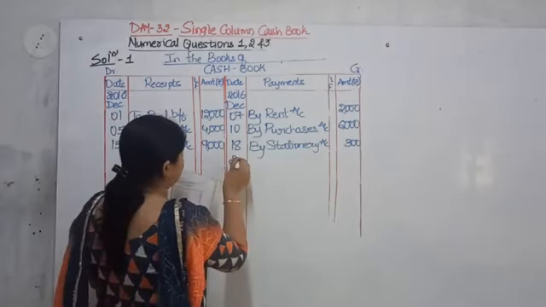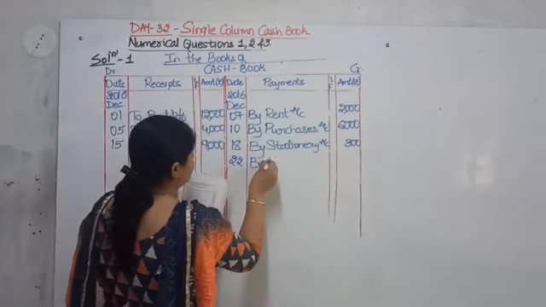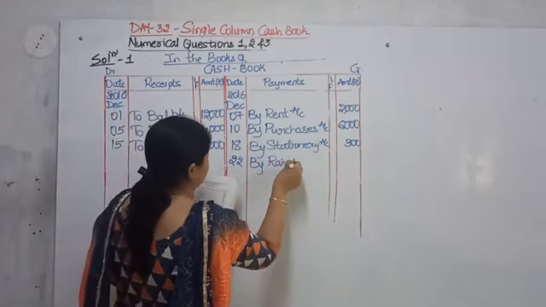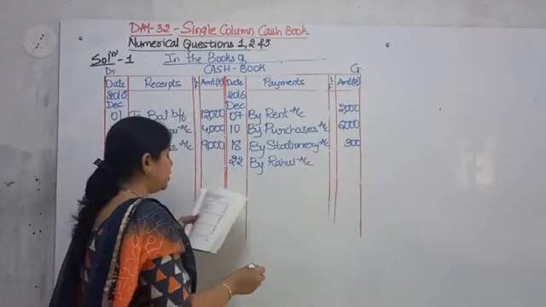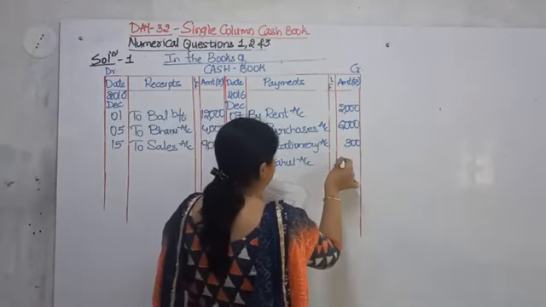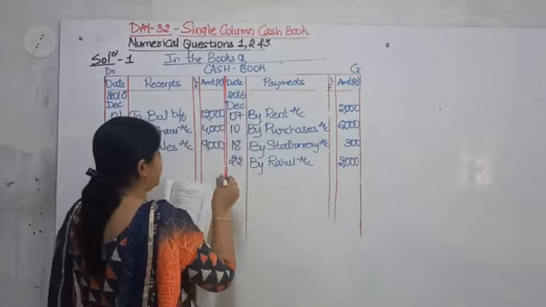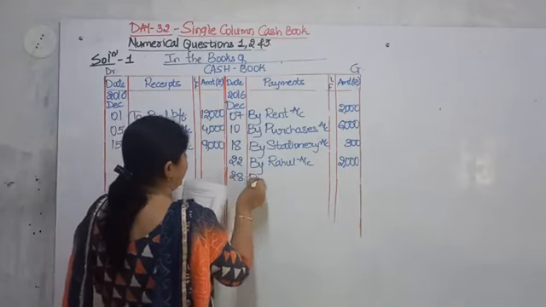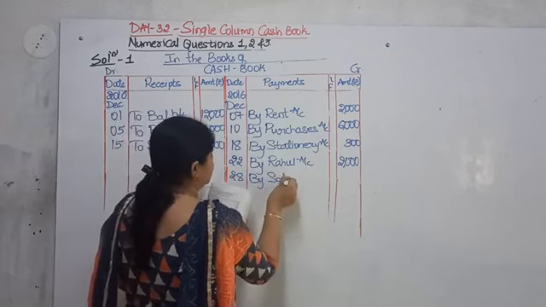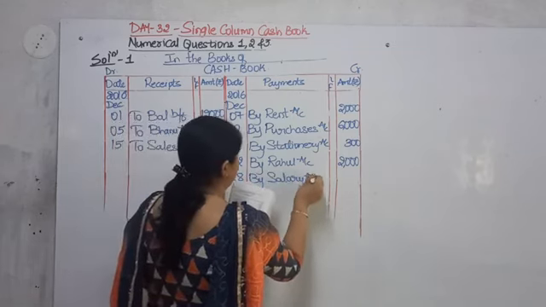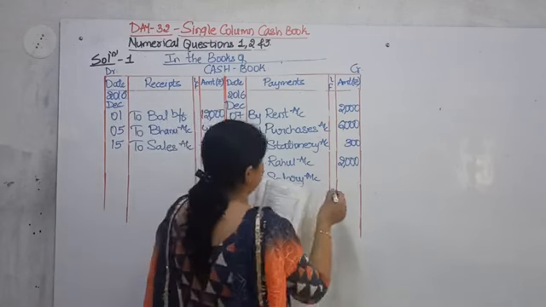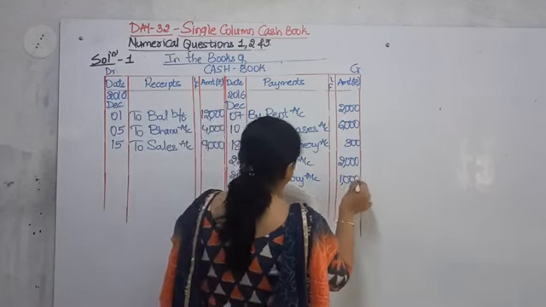So again it will come on the payment side, by Rahul account. And what is the amount that is being paid to Rahul? It is rupees 2,000. Next, paid salary. So on 28th, by salary account, as it is a payment, write down the amount, which is rupees 1,000.